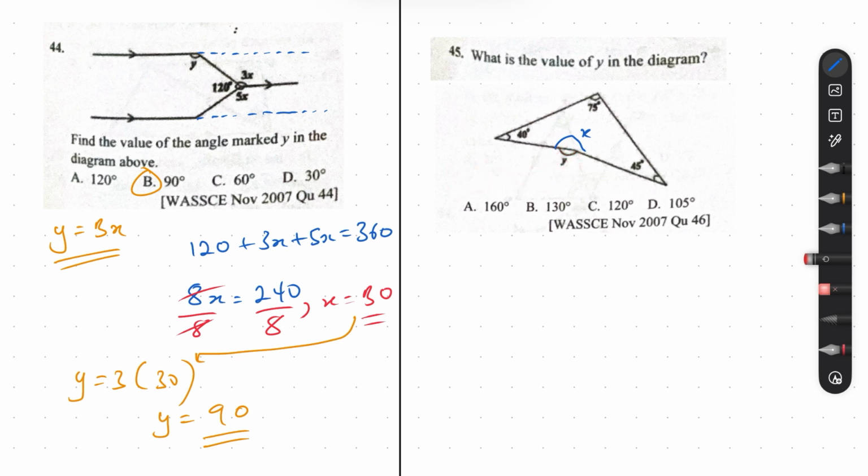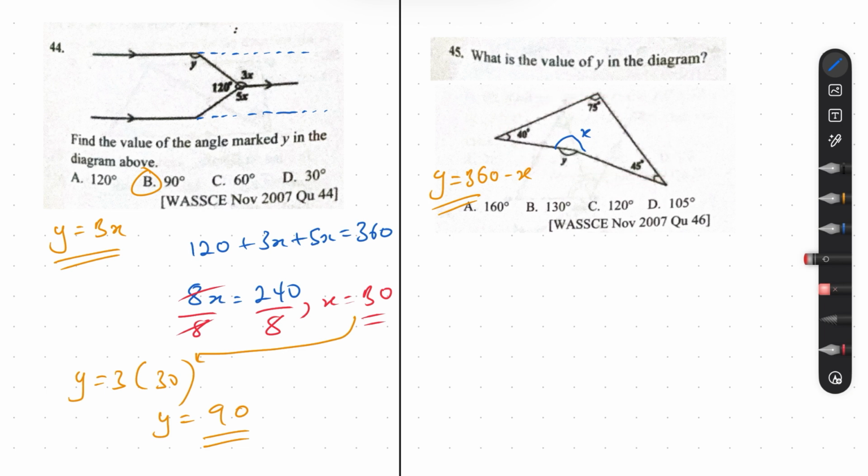Let's write that down somewhere else. We say y is equal to 360 minus x. Let's keep that. Now let's go back into the diagram. We know that this is a four-sided diagram or polygon.